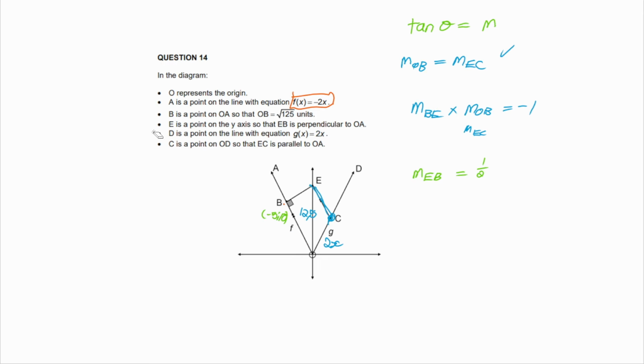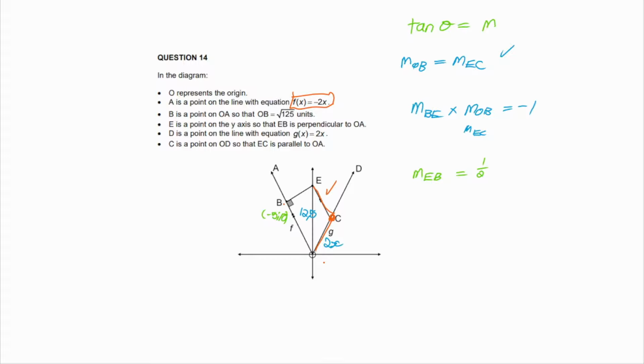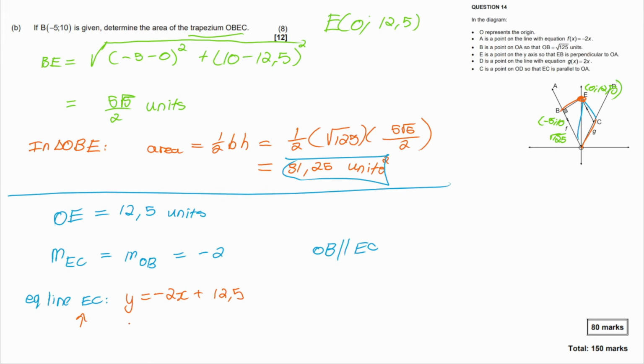So yes, remember I need the coordinates of C. I just got the equation of this line EC, and I need to set it equal to the equation of OC, which is just 2x. So I'm going to say 2x is equal to -2x plus 12,5.